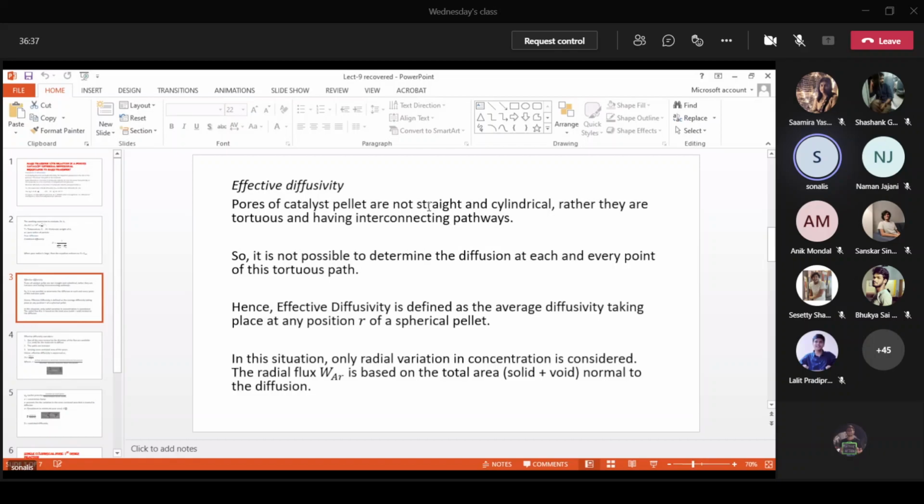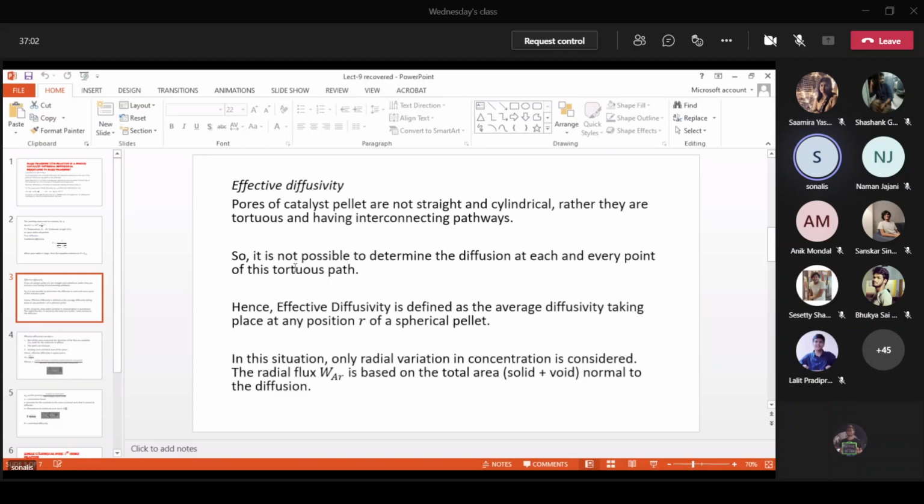The pores are not straight and cylindrical. Rather, they are tortuous and have interconnecting pathways. So it is a very complex network of pores. They are interconnected, with different dimensions, different orders of magnitude of pore diameter.